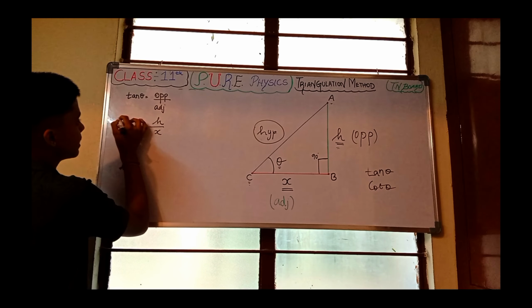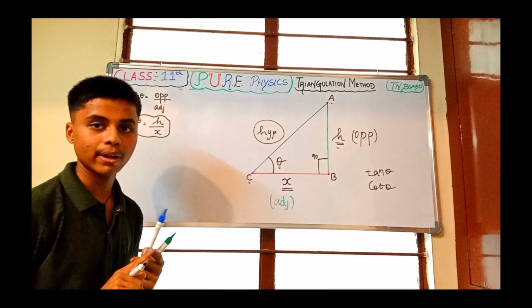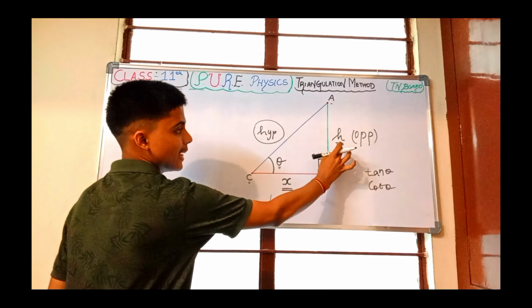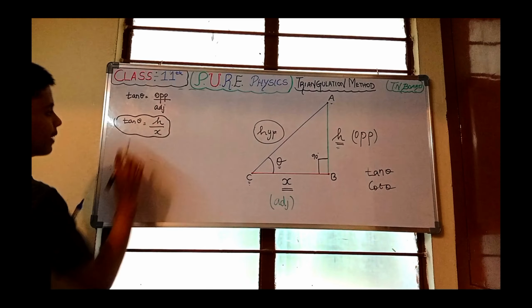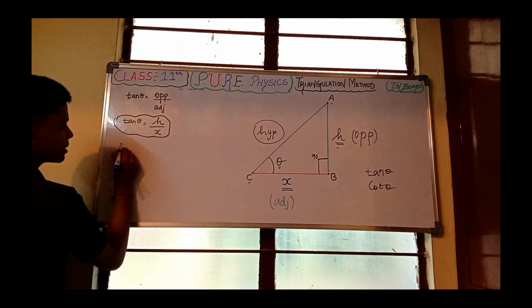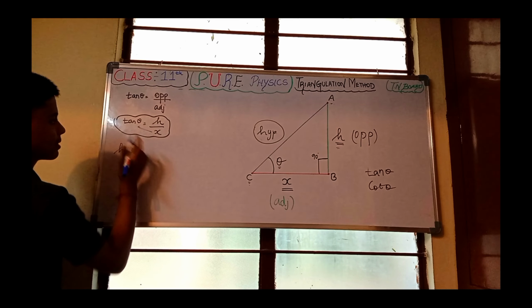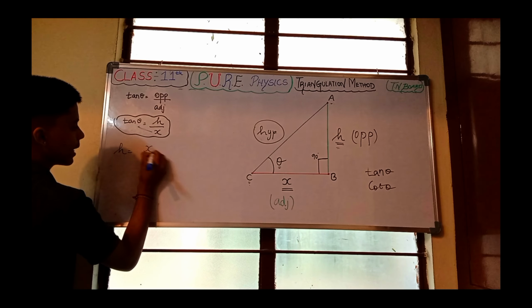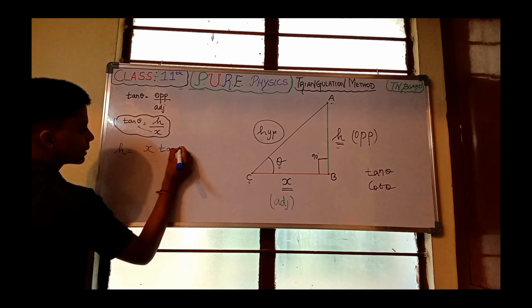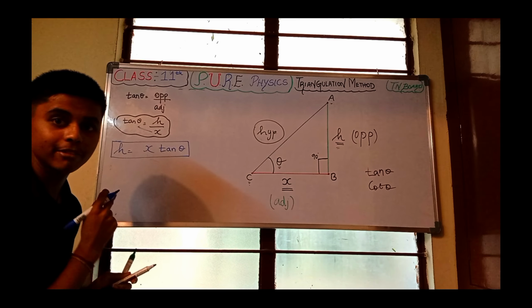In this expression, what do I need to find? I need to find H, because the main aim is to find the height of the tree. In order to find this H, I'm going to bring it in this form: H is equal to X into tan theta.